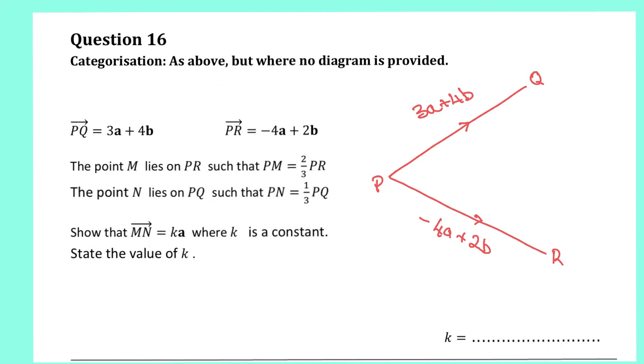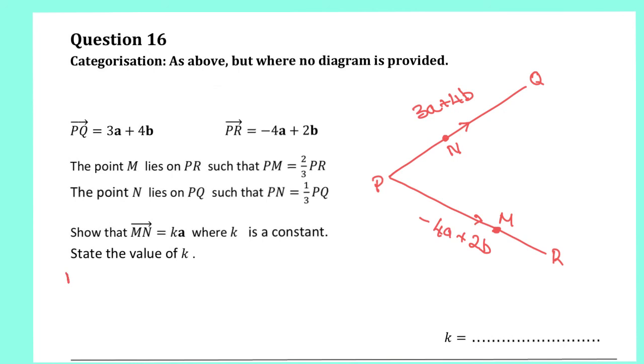We are also told that point M lies on PR such that PM is 2/3 of PR. So M is 2/3 along. We are also told that point N lies on PQ such that PN is 1/3 of PQ. So N is 1/3 along.